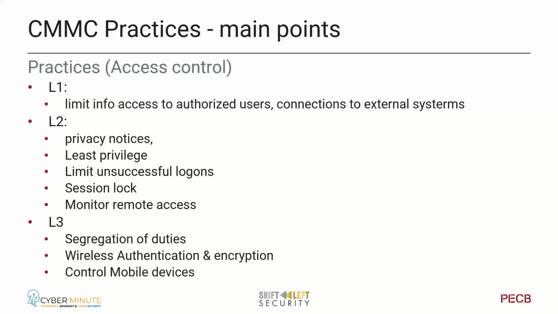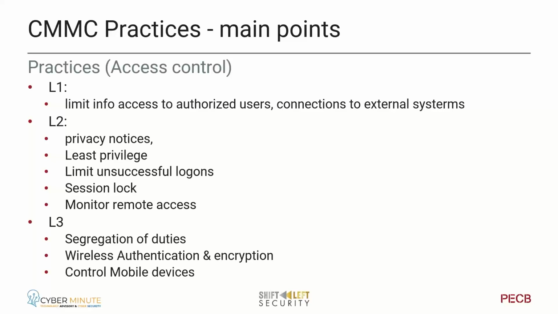You need to limit unsuccessful logons, so you need controls in place that detect unsuccessful logons and block those attempts. You need to log sessions and monitor remote access. So if your supplier is connecting to your environment to do an update or maintenance, already on level 2, which is an intermediate level, you need to monitor that remote access. This is very hard from a technical point of view.